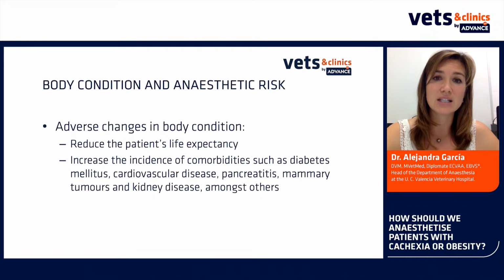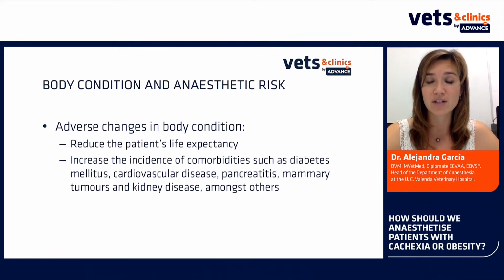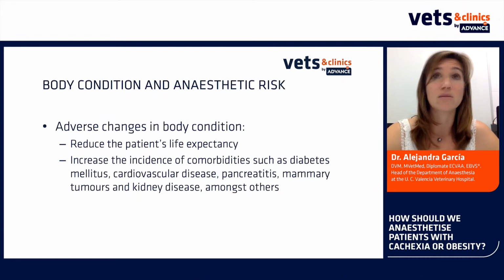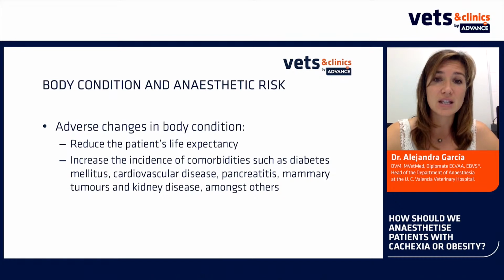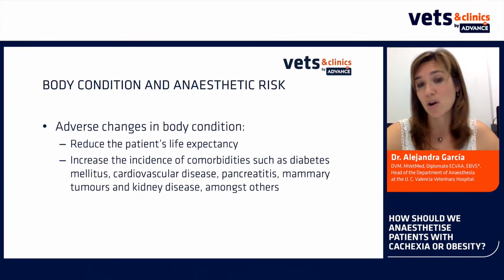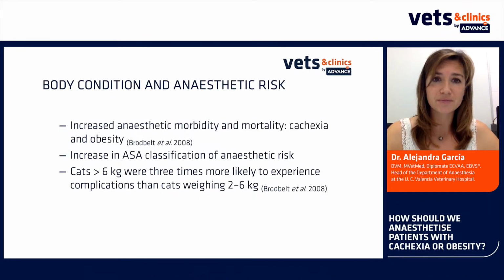Some adverse changes in body condition can reduce the patient's life expectancy, reducing the lifespan of the patient, and increase the incidence of comorbidities such as diabetes, cardiovascular disease, pancreatitis, mammary tumors, kidney disease, among other problems that we can have with the increase in body condition.